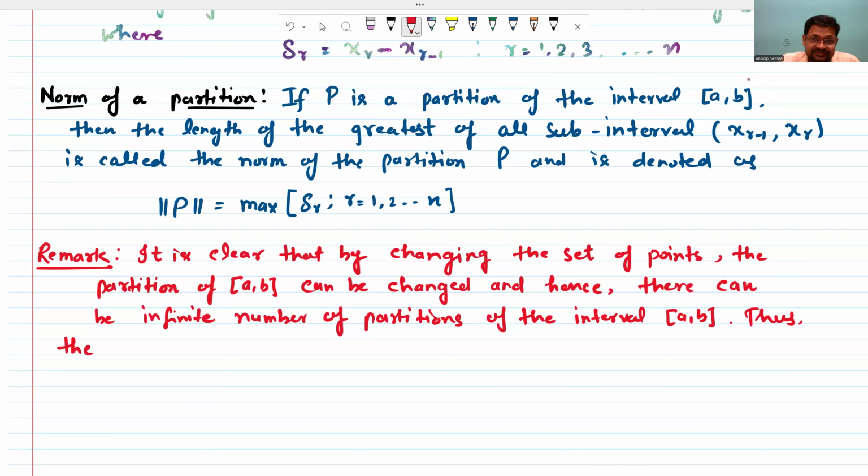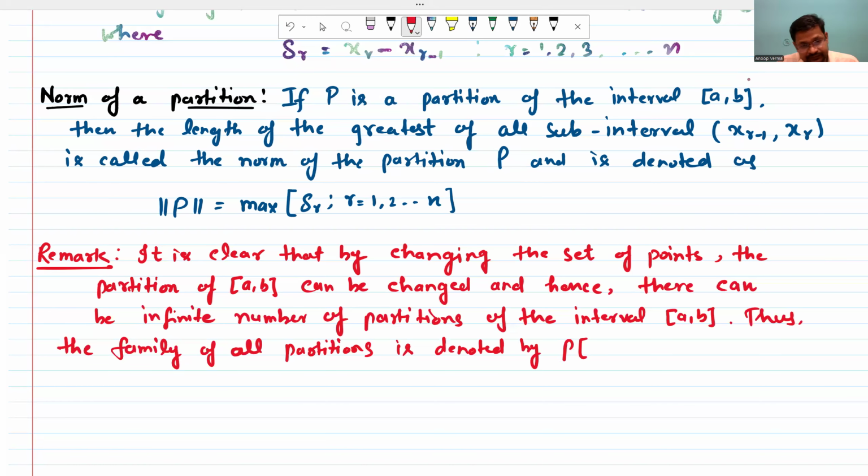Thus there are so many partitions, so we can denote some collection of these partitions. The notation is: the family of all partitions is denoted by P a comma b. This means the collection of all the partitions, and there are infinite number of partitions.